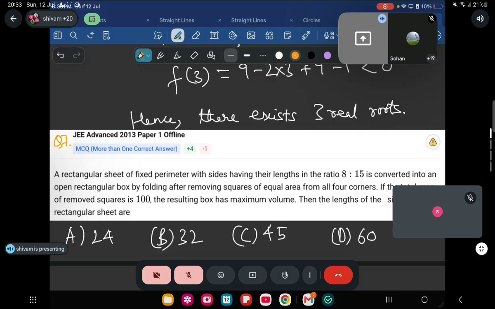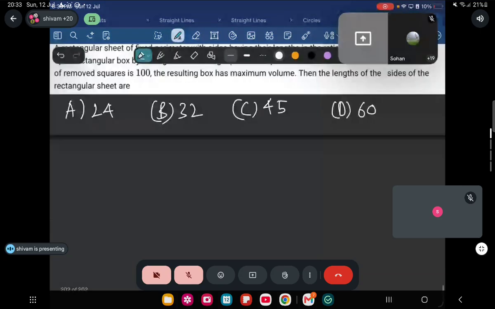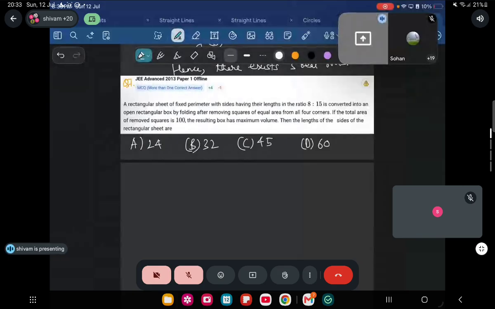Okay, so everyone pay attention. A rectangular sheet of fixed perimeter. Squares of equal area are removed.